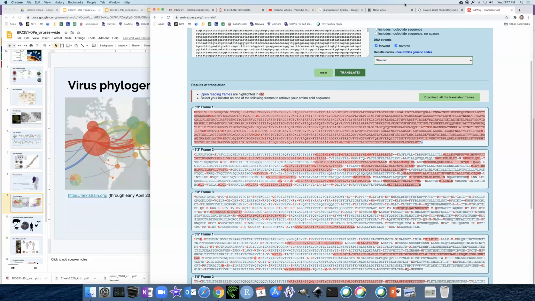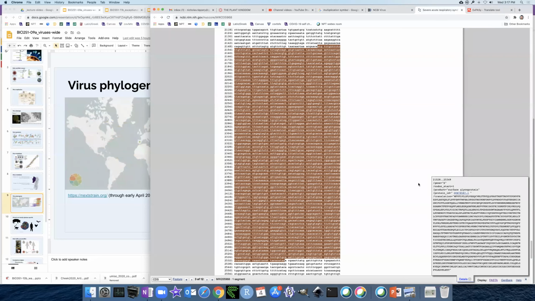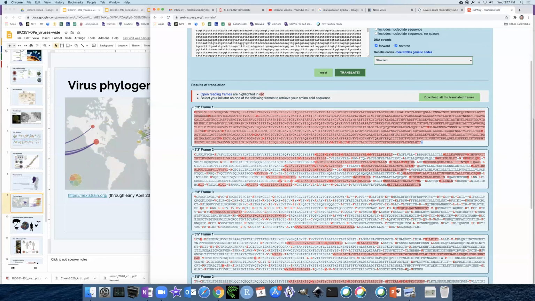So we can compare this back to the translation that was provided. So MFV, FLV, back here, MFV, FLV. All right, so that's the same. So this is the protein sequence for the spike protein.